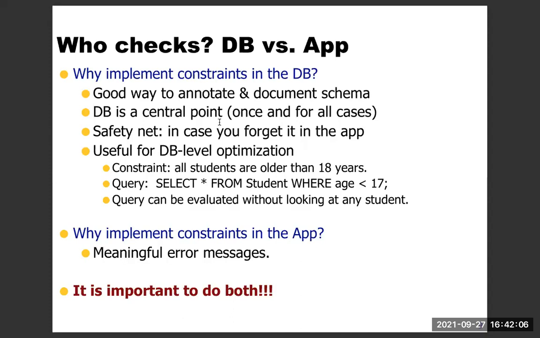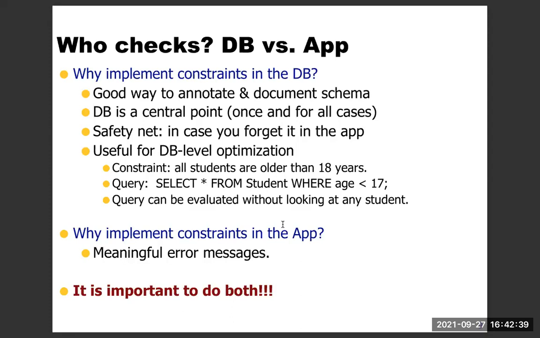So I may set constraints that all students are older than something, and then a query comes, select all the students where age is lesser than this. The query optimizer, knowing about the constraint, may just answer no, empty set. So the query can be evaluated without even looking at any students. Some constraints allow for optimization of some queries, query elimination, and so on.